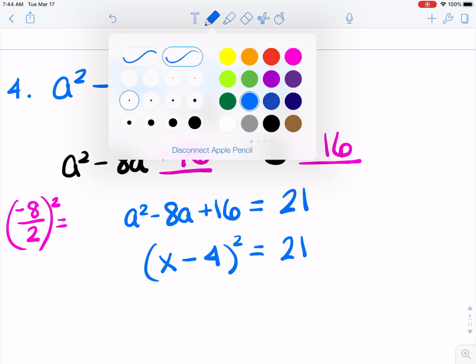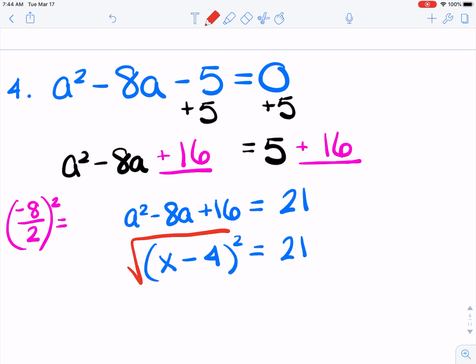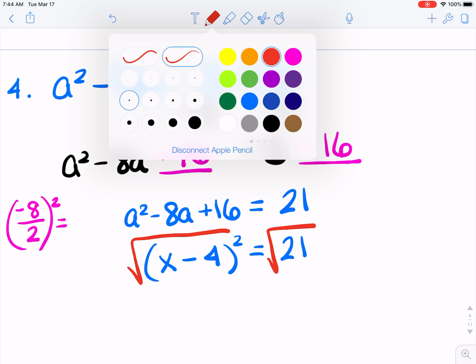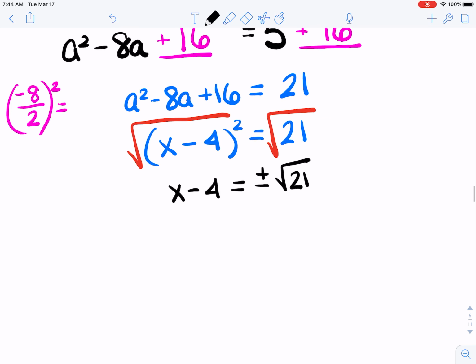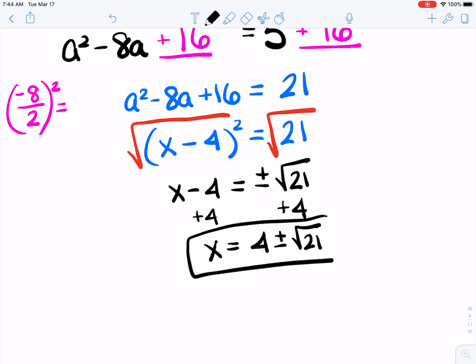You can already see 21 is not a perfect square, so when I go to do square roots, this one isn't going to be as pretty as the other ones. This is going to be plus or minus the square root of 21. Again, if you want to keep it like this, I would add 4 on both sides, so my answer becomes 4 plus or minus the square root of 21. Again, this is the more popular way. If you want to separate it into two, you have a minus 4 equals positive square root of 21.